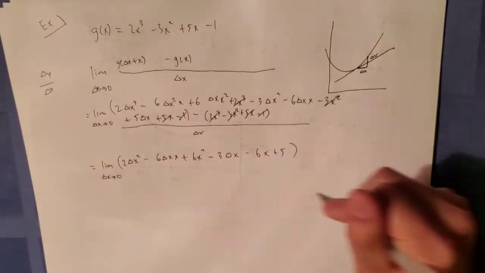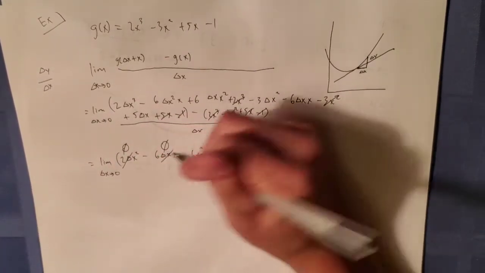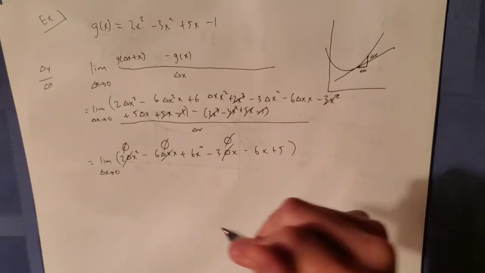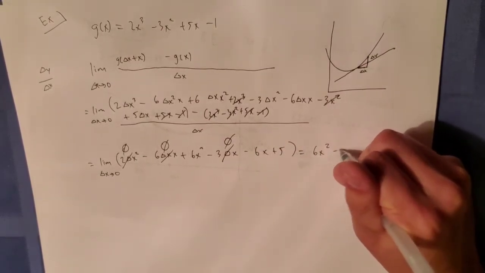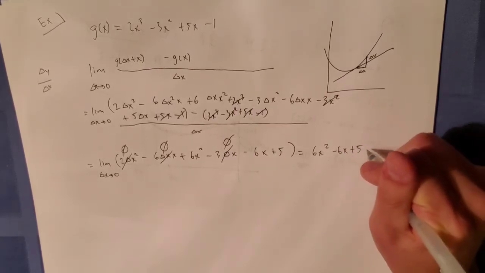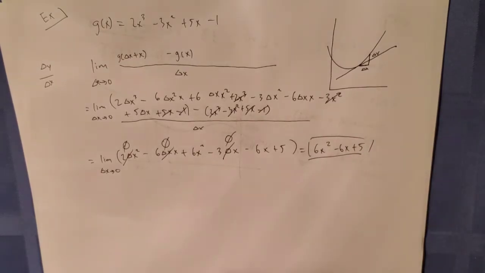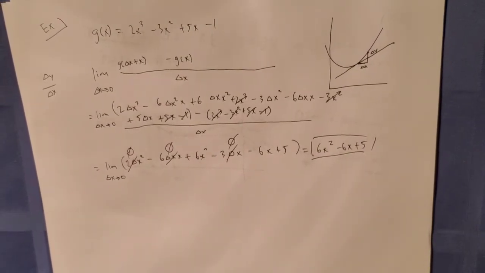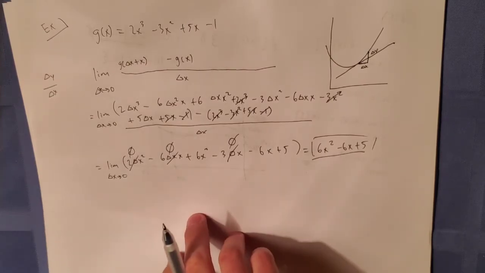As delta x approaches 0, the delta x terms become 0. So we evaluate the limit, and it becomes 6x squared minus 6x plus 5. Wow. We see that the slope of a cubic function is quadratic, depending on x. Pretty cool, no? Alright, that's it for examples.